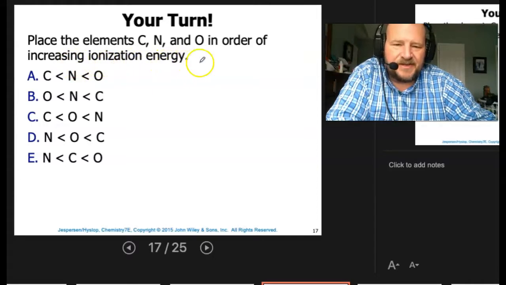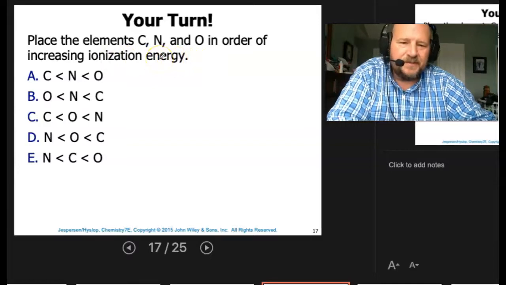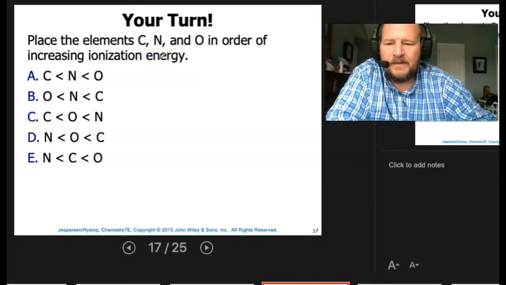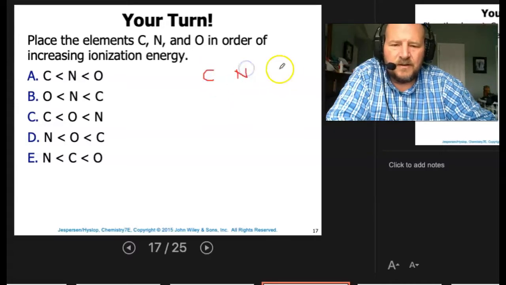So decreasing atomic size, we want the biggest one first. So first we'll have C, then N, then O. That would be the size order.